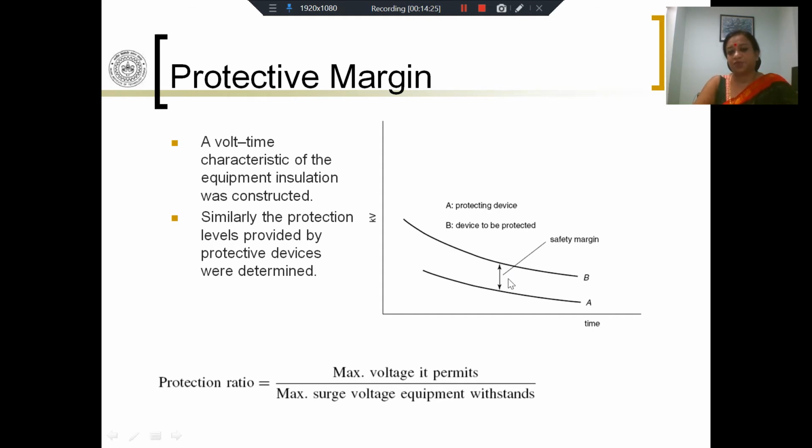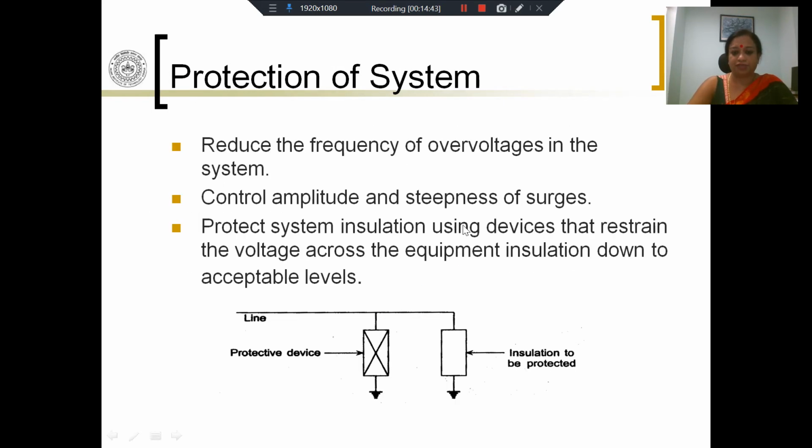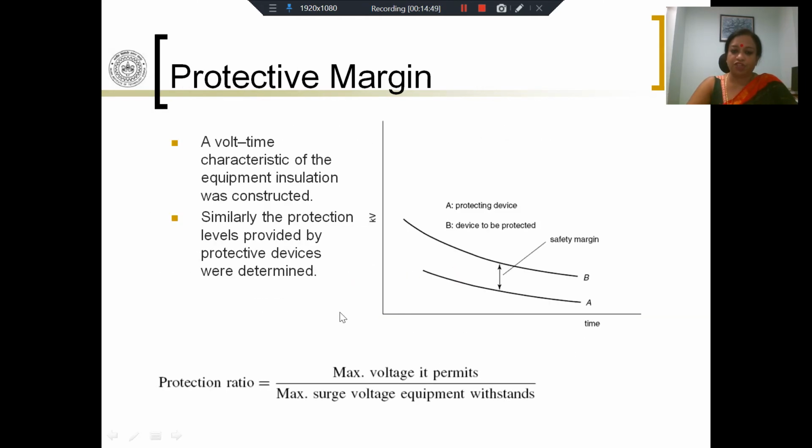The difference between the two, which is again a function of time, is called the safety margin. What it means is that if you apply a voltage V across the insulation, both the insulations are, as you see, in parallel. So let us assume a voltage V appears on the line, and let's say it is higher than both these values.